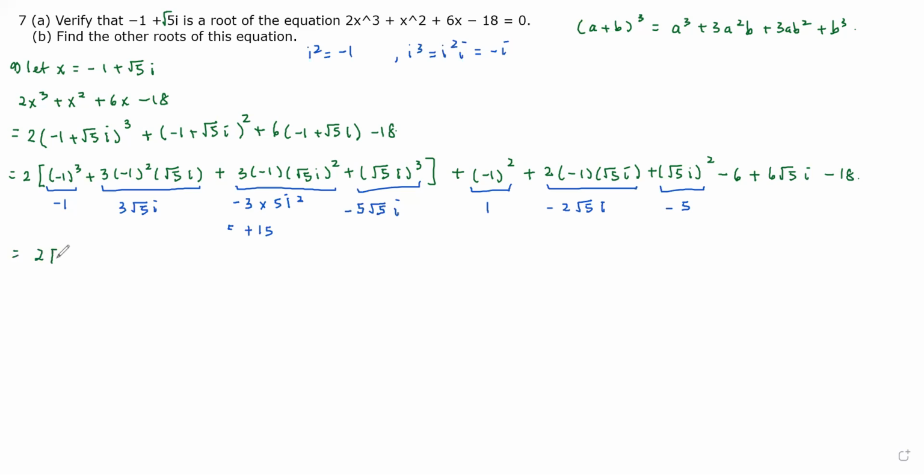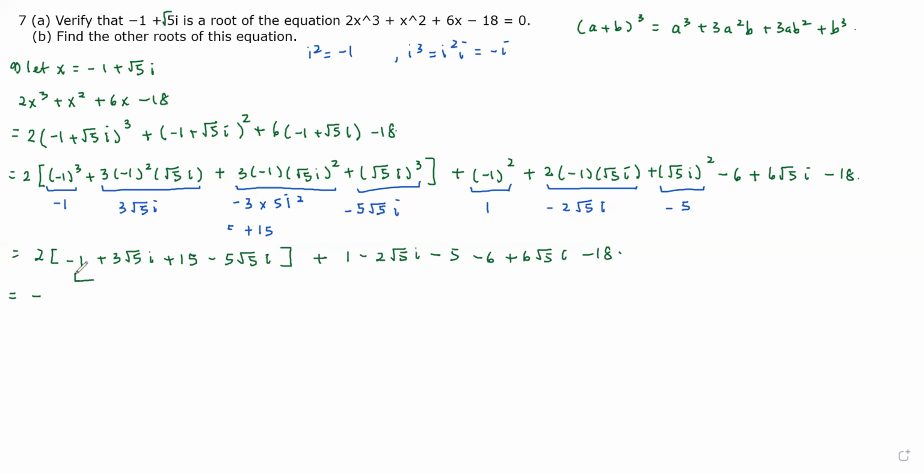So we have 2 times -1 plus 3 square root 5i plus 15 minus 5 square root 5i plus 1 minus 2 square root 5i minus 5 minus 6 plus 6 square root 5i minus 18. Distribute the 2.